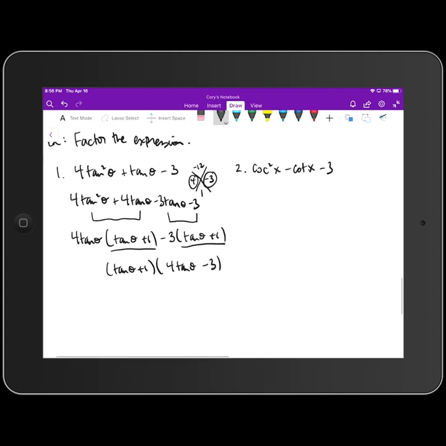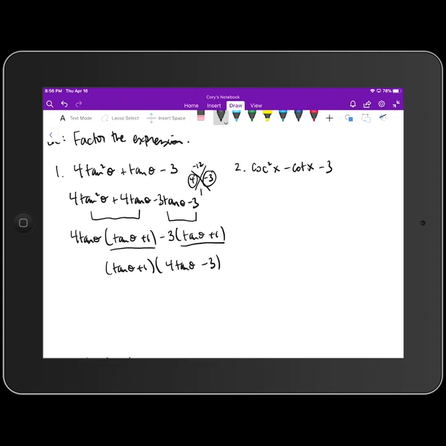Another option that you can use, if you don't feel comfortable factoring with trigonometric expressions in there, is a u substitution where you let u equal tangent, and then you can rewrite this expression as 4u squared plus u minus 3.